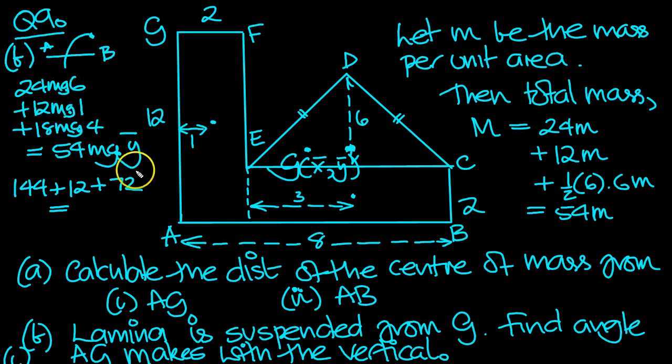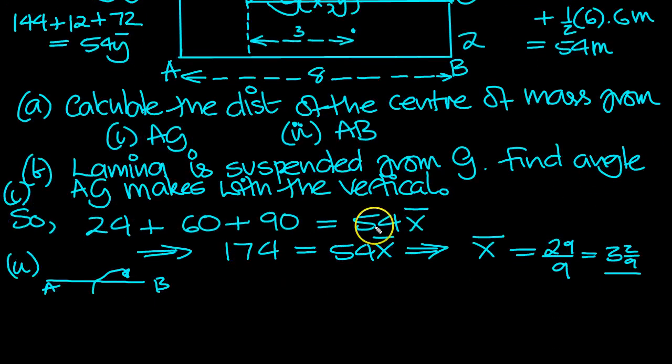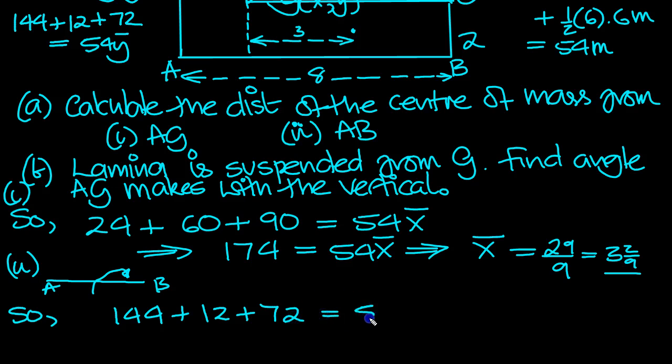So cancel the m's all the way through the equation. It's 54 y bar. So let's just take that down then. So 144 plus 12 plus 72 is equal to 54 y bar. And that tells us what y bar is.